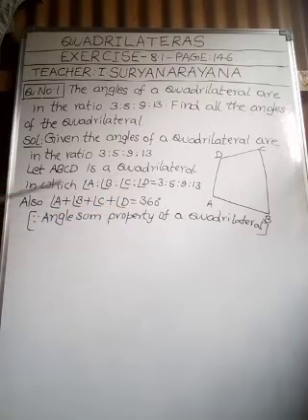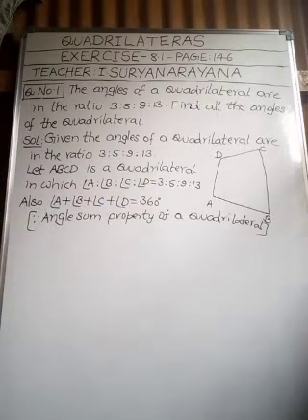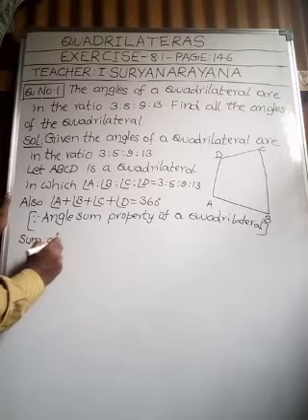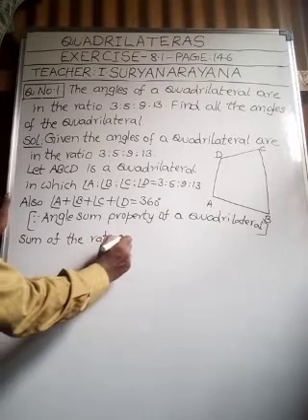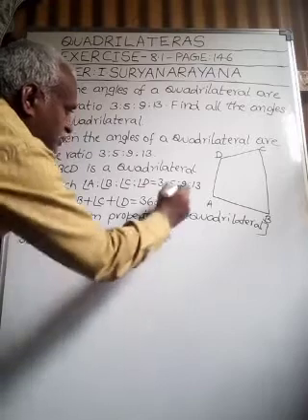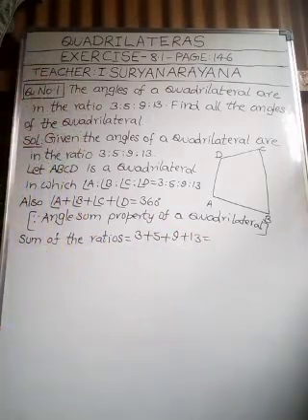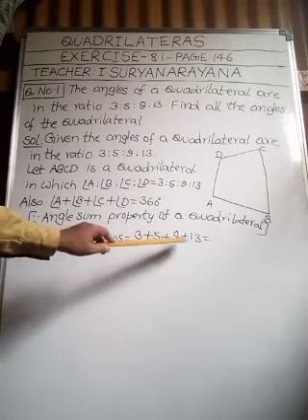Right. Now, come to this ratio. Let us find the sum of these ratios. Sum of the ratios is equal to 3 plus 5 plus 9 plus 13.